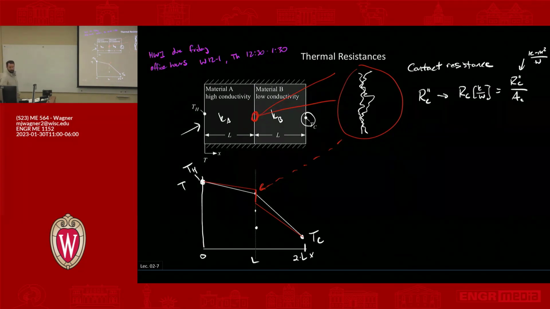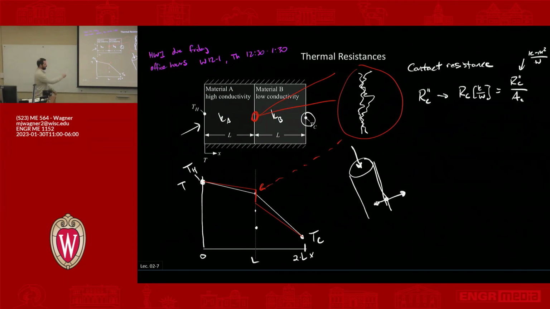There's another thermal resistance that's very similar to this, but involves a fouling of a surface. Let me just sketch out an idea here. We have maybe some cylinder, and I have fluid flowing through that cylinder, and I want to measure the thermal resistance as heat is going out of that cylinder. I've got some hot air going through it, and that's rejecting heat outward.